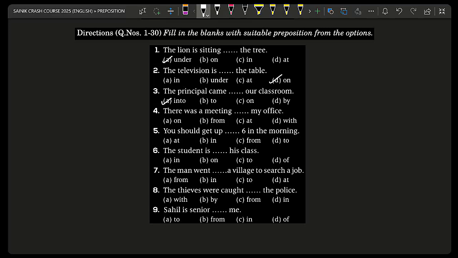And next student, next three questions, who will be solving? Rishikesh, read the fourth question. Sir, there was a meeting dash my office. Sir, at, that means it specifies the place. Very good, correct answer.